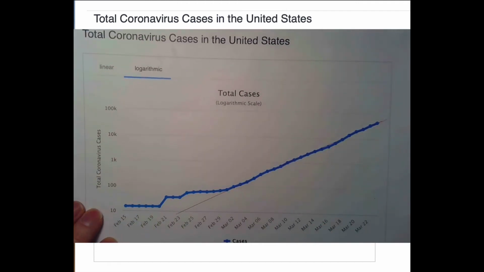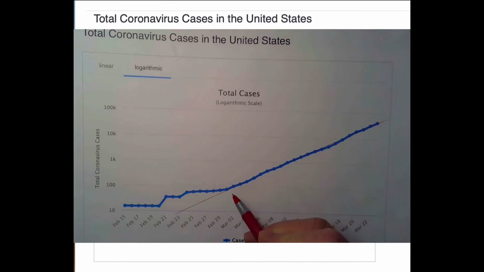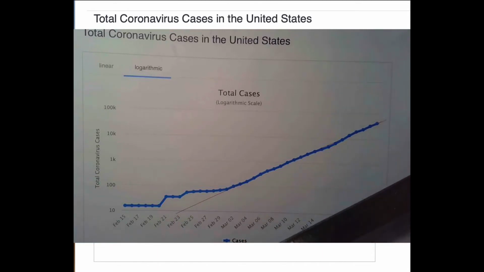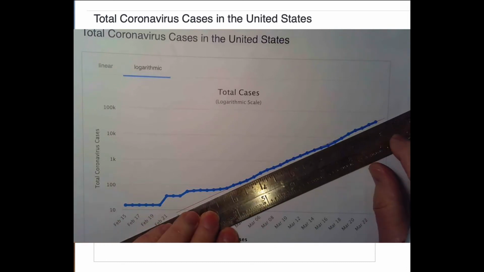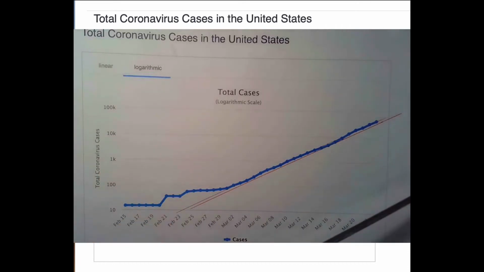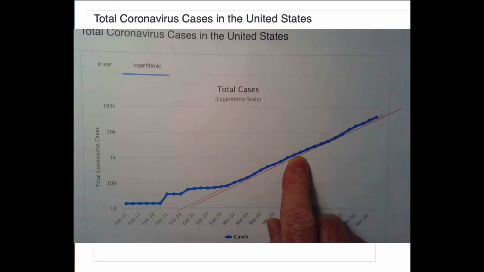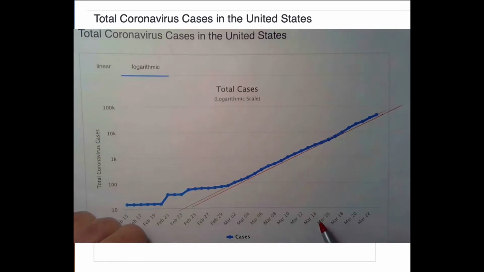So here is that data, starting March 2nd to March 23rd, and it's a perfect straight line. If we did a lab assignment in lab, I couldn't ask for a better straight line. That means exponential growth, and that means a doubling time of about 2.5 to 3 days. 2 to the 10th is 2, 4, 8, 16, 32, 64, 128, 256, 512, 1024.